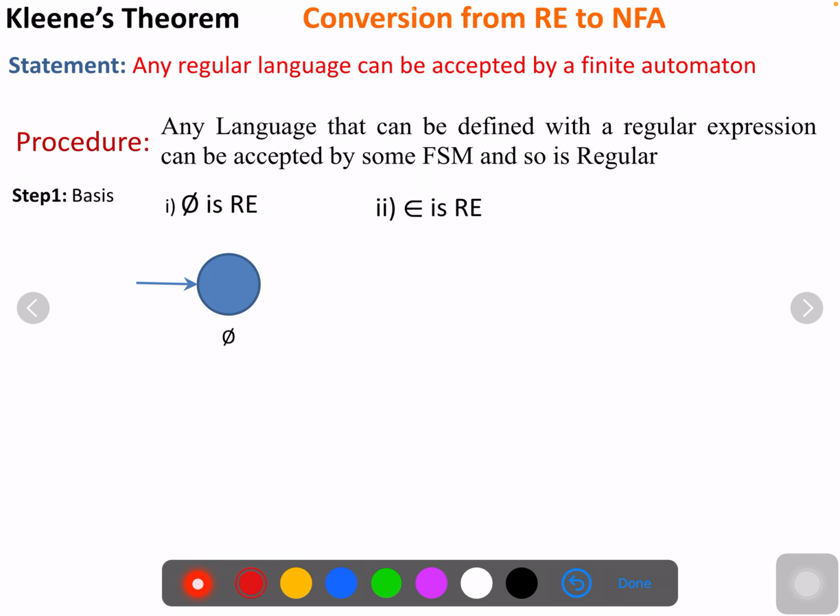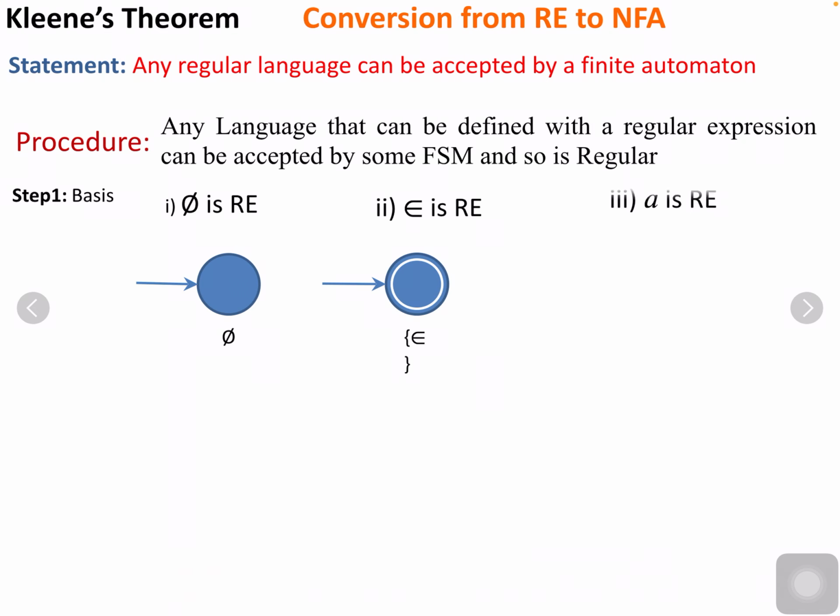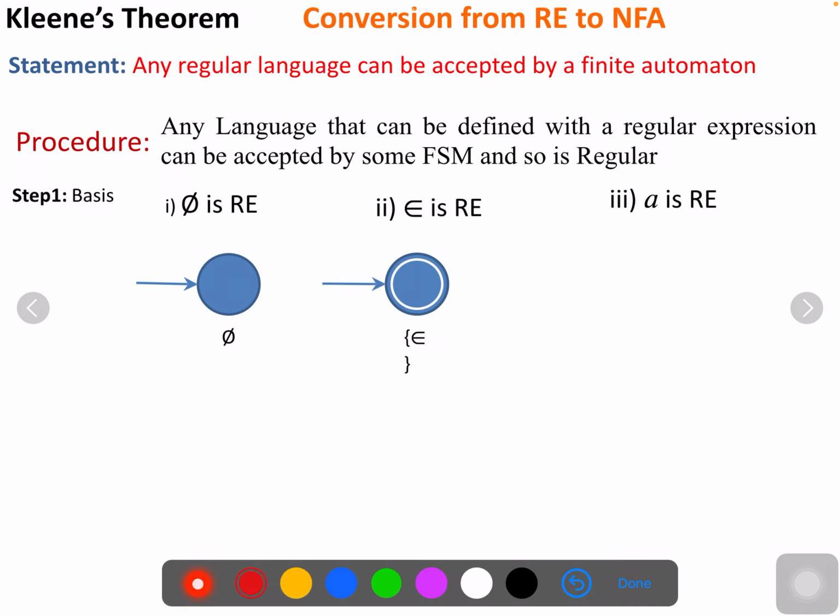The second one, epsilon is a regular expression as per the definition of RE. So there is a transition, start and end with the same state. Then A is a regular expression, which definitely has a transition from one state to another state, so two states are required.